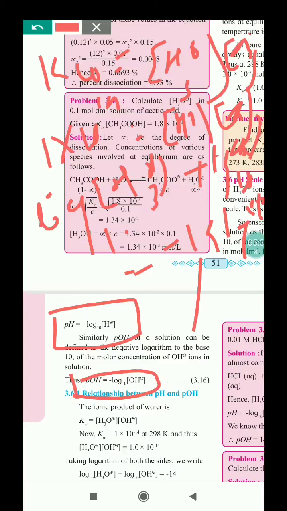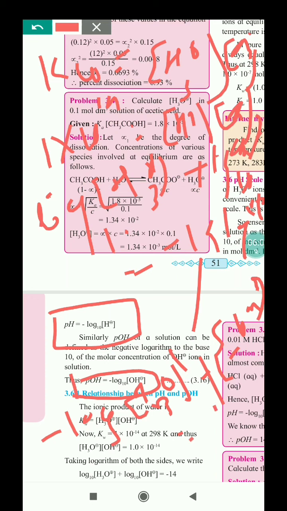Okay, so we have log of H3O concentration of hydronium ion plus log of hydroxide ion is equal to minus 14. Change the sign, and after changing sign we have minus log of hydronium ion plus minus log of OH negative ion is equal to 14.